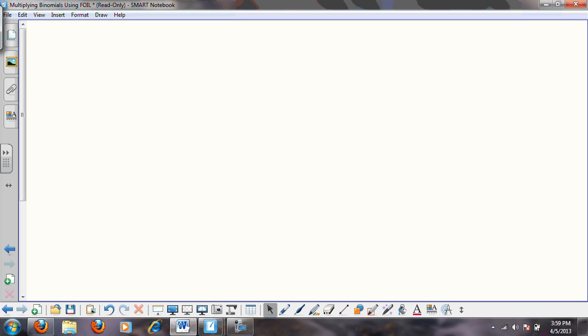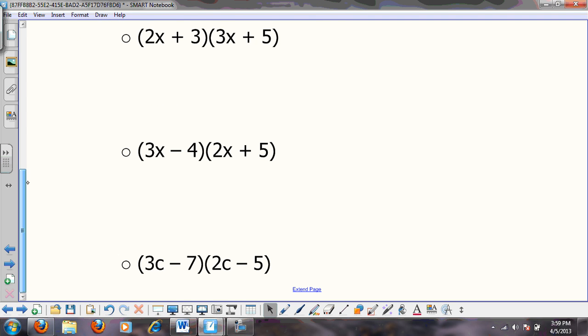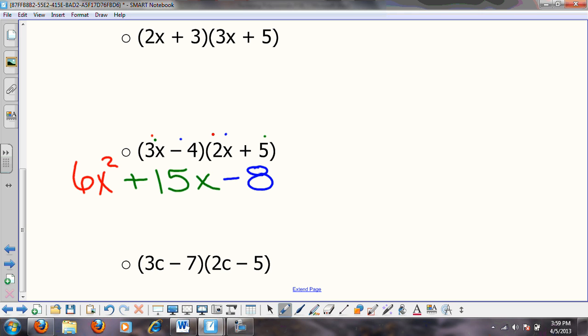Let's do a couple more using the FOIL method. Two more here. First, 3x times 2x. That is 6x squared. Outside, 3x times 5, 15x. Inside, negative 4 times 2x, minus 8x.